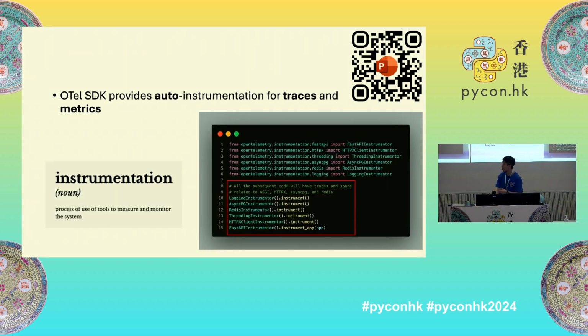To say more about the SDK, we have just seen how the OTel collector works. It just helps doing the pipeline. But the OTel SDK is actually the game changer in Python. If you have really tried writing pure traces in OTel without the SDK and auto instrumentation, you will feel it's really painful, and you might probably quit your job.